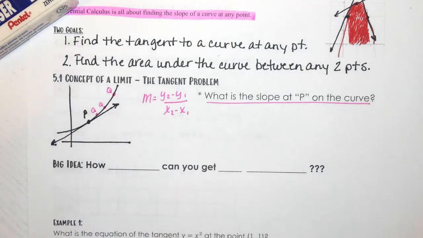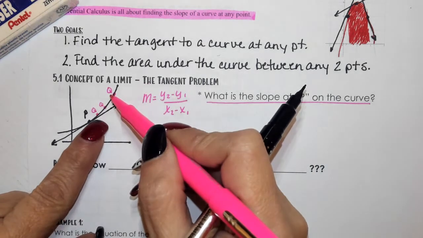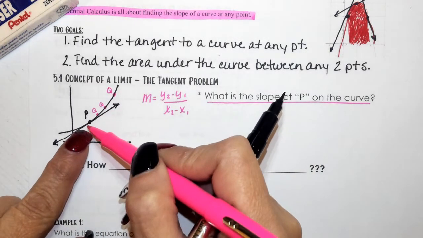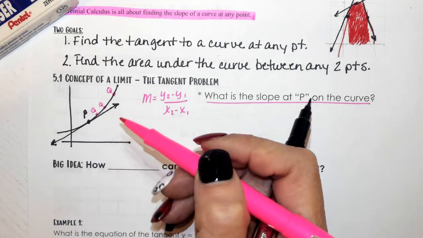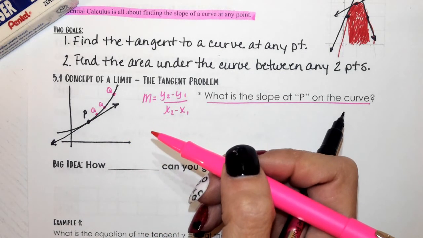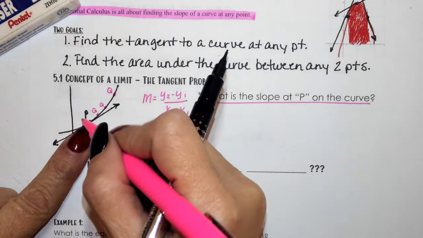And even then, it's still not close enough. I would need to get Q really, really close to P. Now, it can't exactly be P, because if it becomes P, then it doesn't work. So I need to think about this as if Q gets really, really close to P, but it doesn't actually become P.